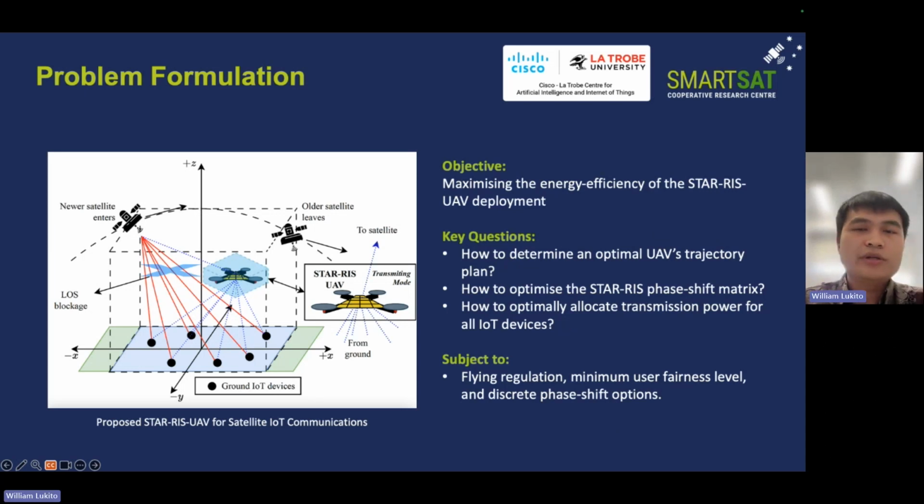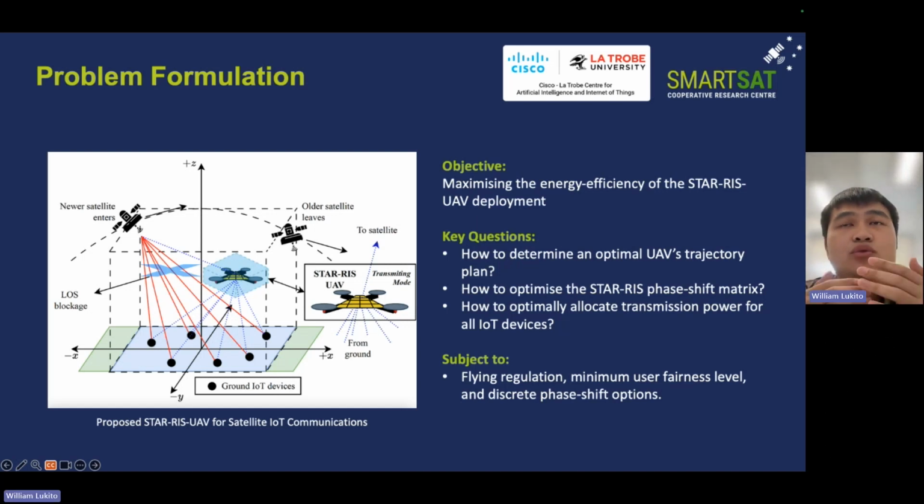Okay, so according to the previous explanation, we can formulate the problem. In this problem formulation, we aim to maximize the energy efficiency by considering the following key questions. The first question is how to determine an optimal UAV trajectory plan. The second question is how to optimize the STAR-RIS phase matrix. And the last question is how to optimally allocate transmission power for all IoT devices.